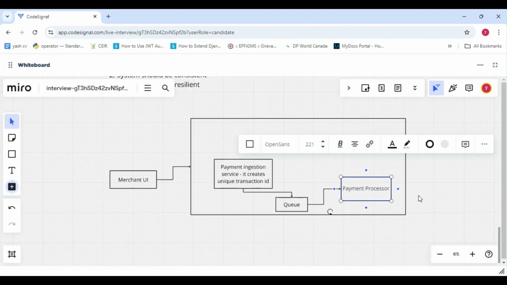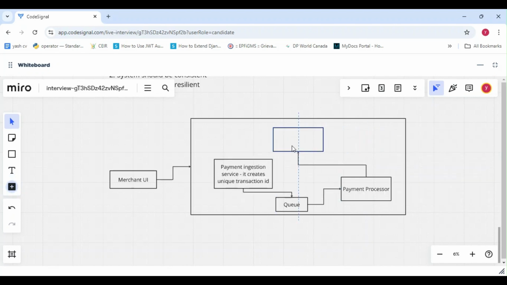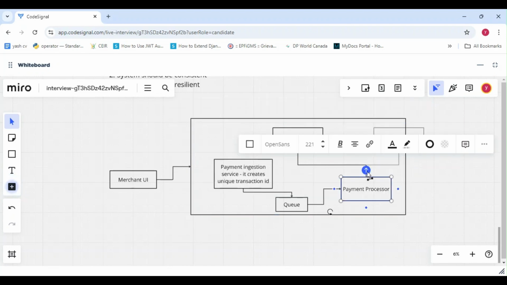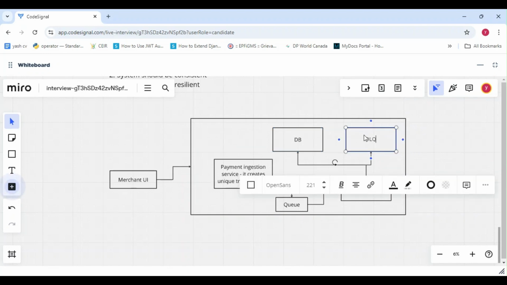The payment processor converts the XML/JSON message format to the ETF switch format, because this format is understood by the payment gateway, the clearing and settlement service, and of course the card association. If it is successful, then we will store it in the DB, and if the transaction is not successful, then we will store it in the dead letter queue for further retries.